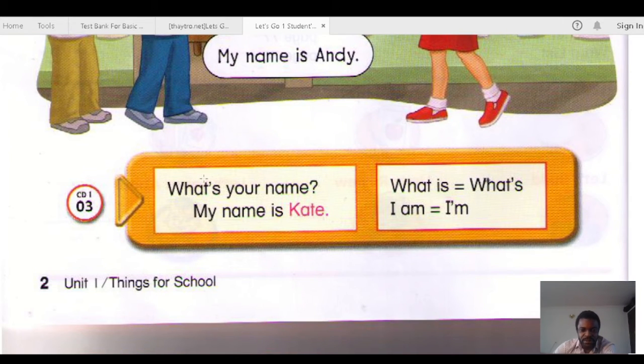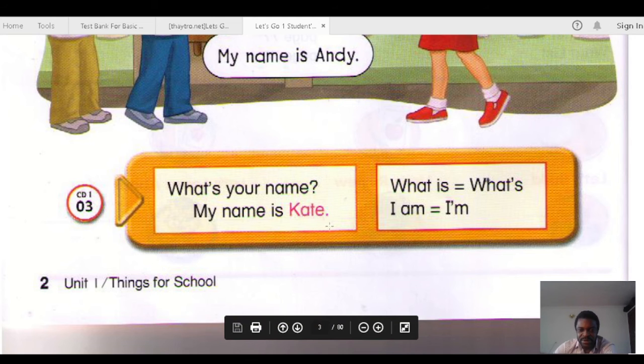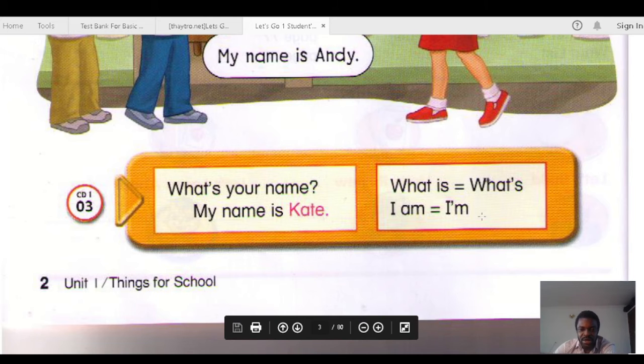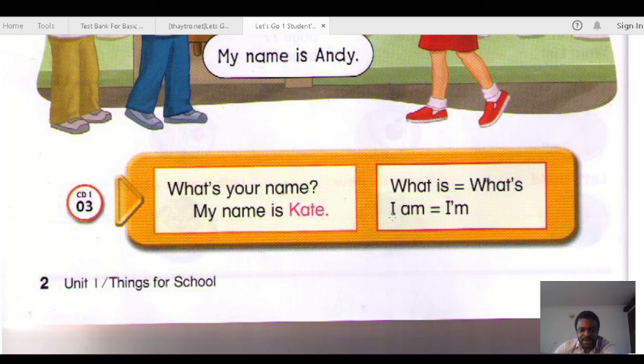What is your name? My name is Kate. I am a teacher. What is important to me is this: I, my, and me. So these are the things we have to be working with.